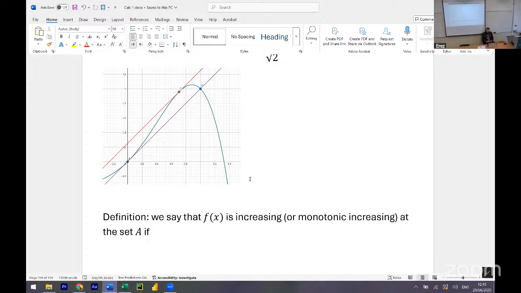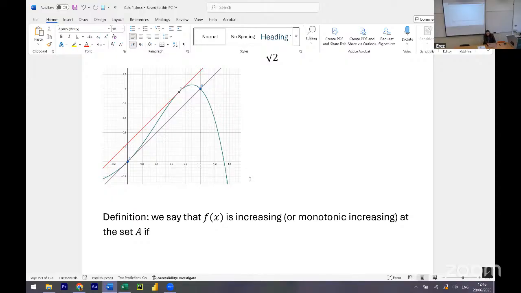No. So we need to define monotonicity differently. You cannot say between every point and its previous. You must say between every point and all its previous points. We could do the same with the sequences, but it's just a waste of time. You can say that the sequence is increasing if a of n plus k is larger than a of n for every k. It is true, but it's a waste of time. In function, you must do it this way.